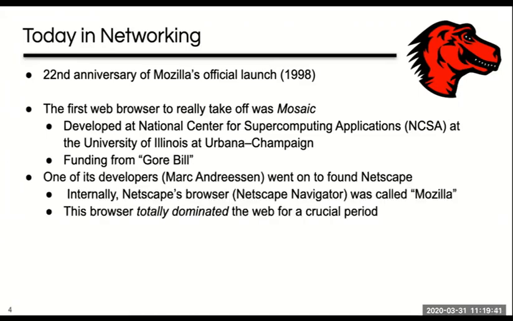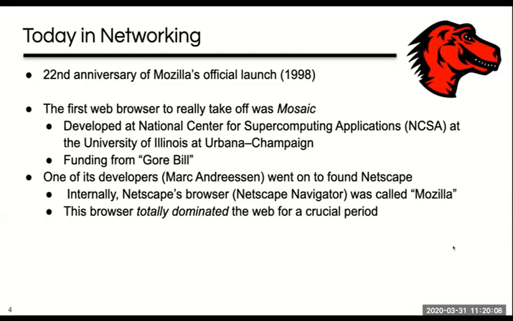But anyway, one of its developers, Mark Andreessen, who's now a famous venture capitalist, went on to found a company called Netscape. And Netscape made a web browser called Netscape Navigator. But internally, it was called Mozilla. And many of you have probably never heard of Netscape Navigator, but like this web browser was completely dominant for a crucial period in the 90s.